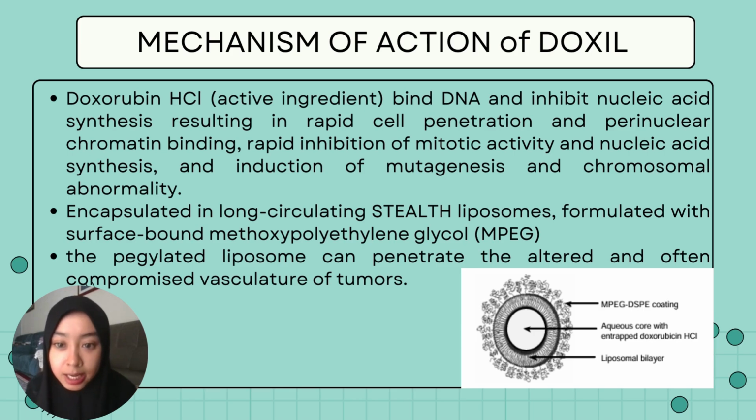It means doxorubicin HCl binds to DNA, helps with the mutation of the cell, and also alters the chromosomes in the nucleic acid of the tumor cells, the targeted cells that we are aiming for. And then it is encapsulated in long-circulating stealth liposomes.